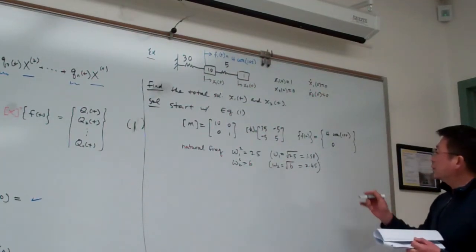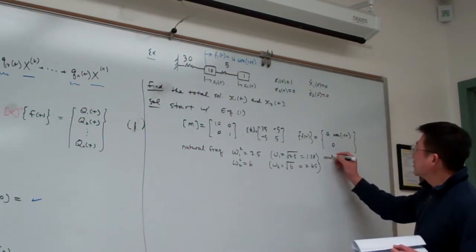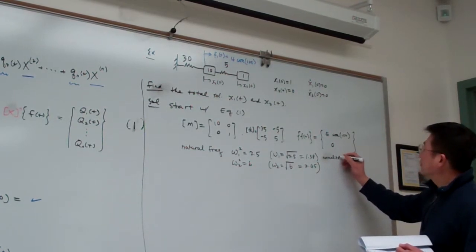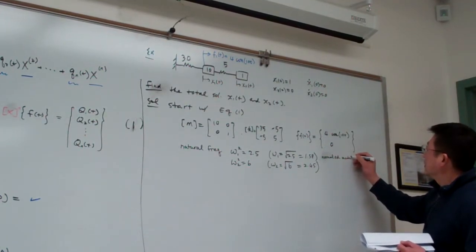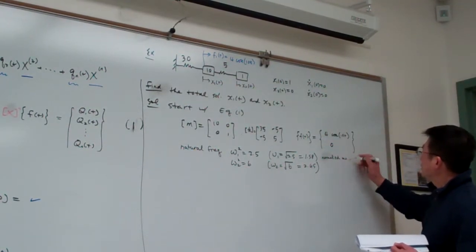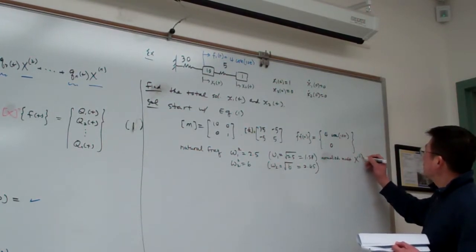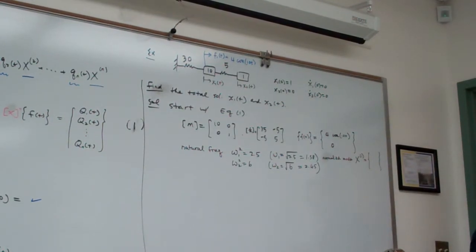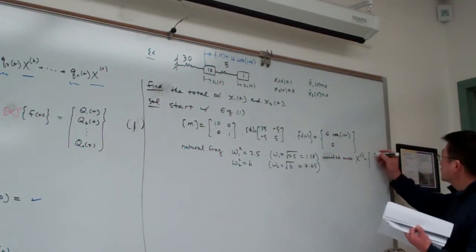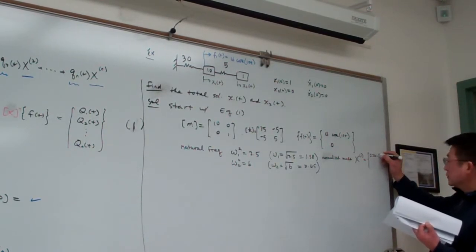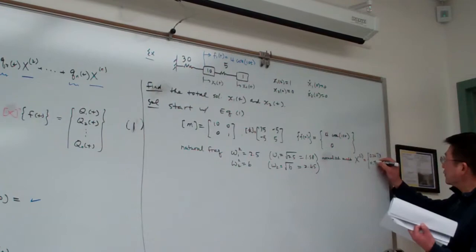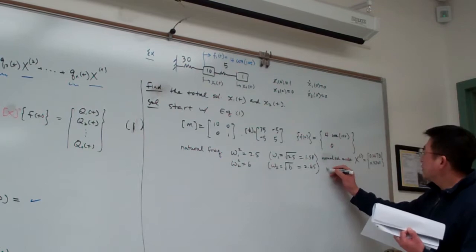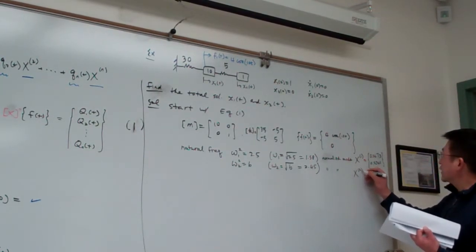And also last time we have the normalized mode x1, which is 0.2673 and 0.5345. And the same thing, we have the second normalized modal vector.